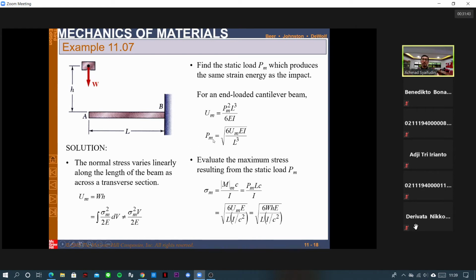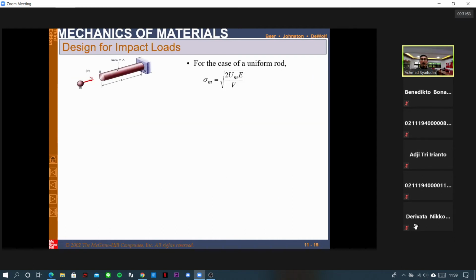PM is the maximum load, and from this we can identify the maximum stress. Also, we can use this to design a member subjected to impact loads or concentrated loads.